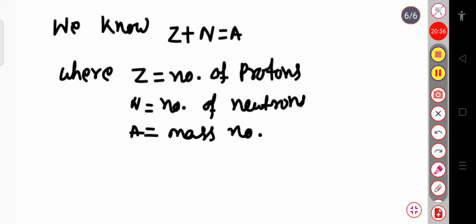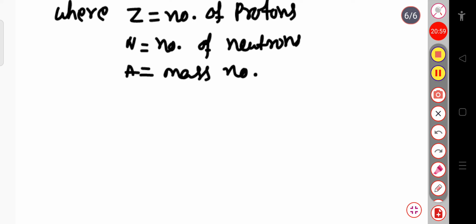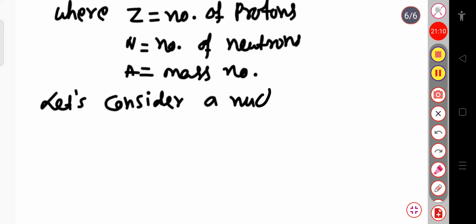Let us consider a nucleus having nucleons in it. Nucleons means protons and neutrons.